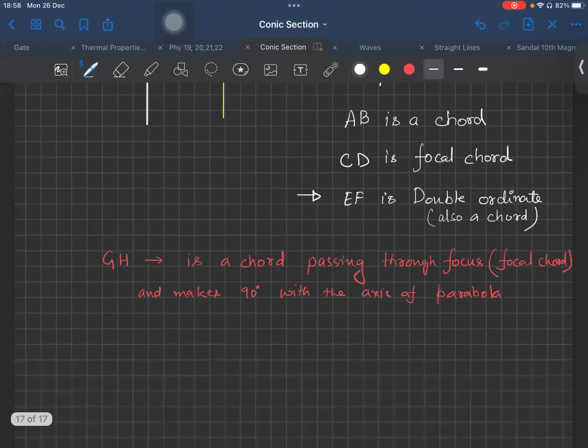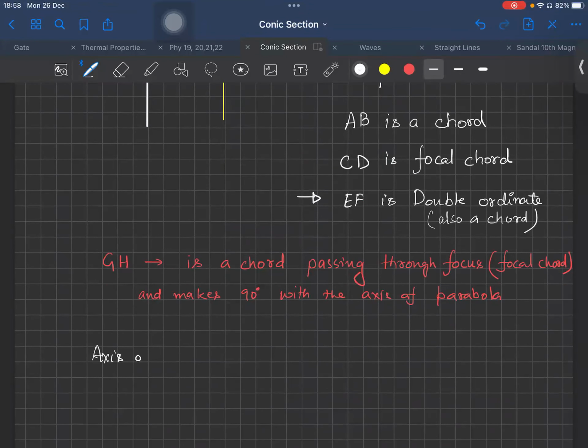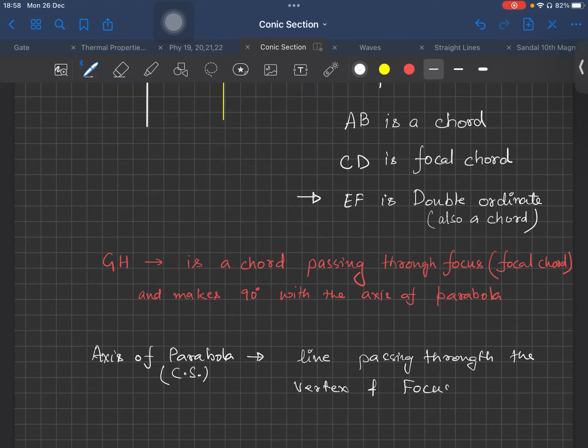Let me write the definition of the axis of a parabola or any conic section: the line passing through the vertex and focus is called the axis.